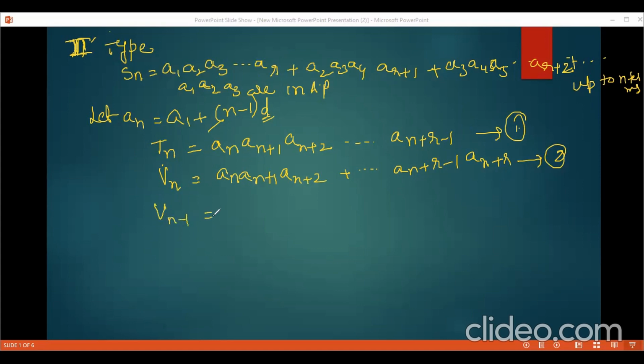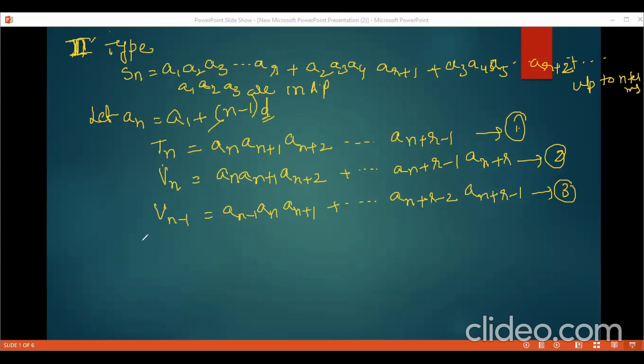Vn minus 1 is equal to an minus 1, an plus 1, so on, an plus r minus 2, an plus r minus 1. You take this as equation 3.